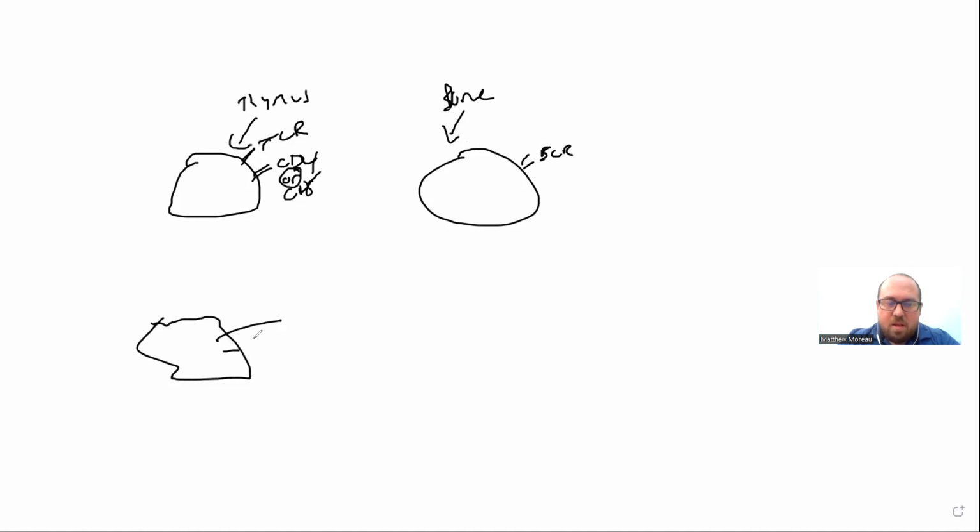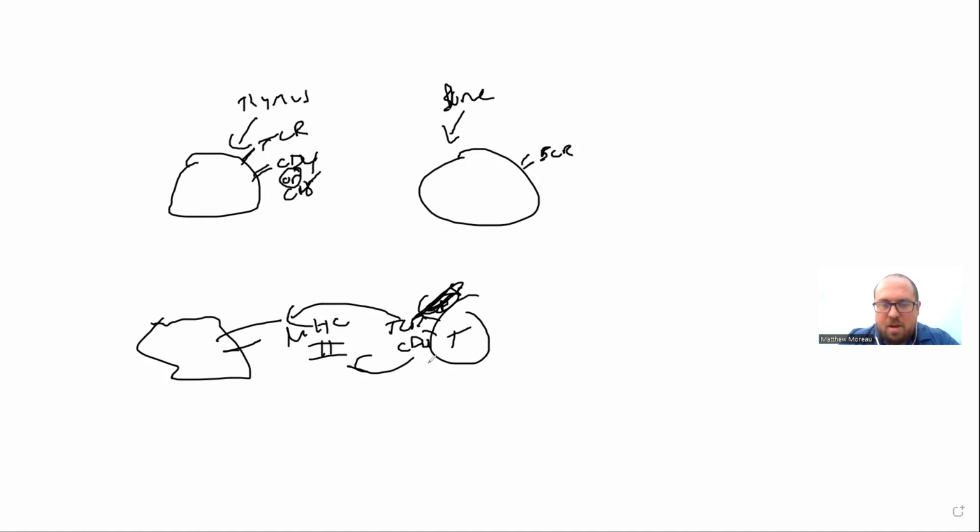So this is not a dendritic cell showing MHC, and then it comes to this population of T cells and says, okay, is it CD8? Does it have CD8 and CD4? And the T cell says, okay, you're expressing MHC class 2, so I'm going to eliminate CD8, and then I'm going to adapt my T cell receptor to recognize whatever's on here.